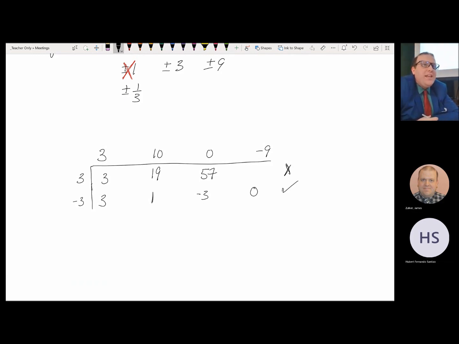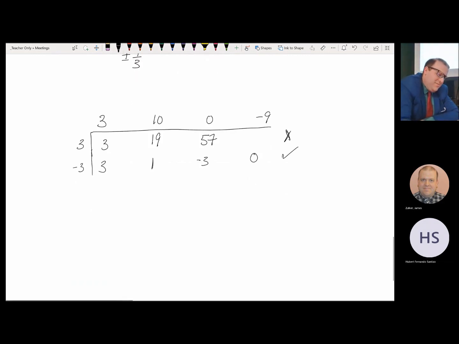That means we have 3 negative zeros, because we just found 2. You will have 3? Yep. Right, because what were the possibilities? 1 or 3, right? If we have 2, then we're going to have 3.